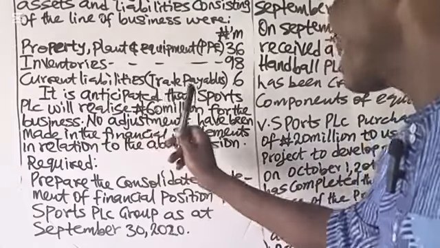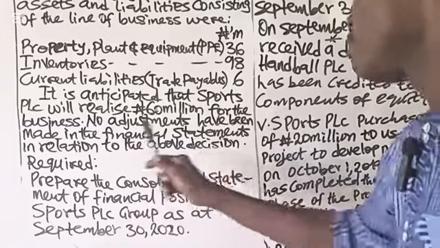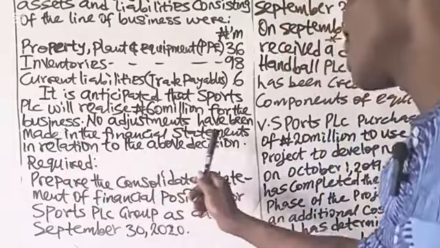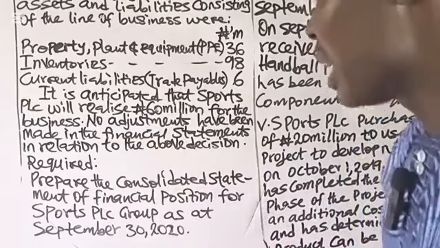It is anticipated that Sport PLC will realize 60 million naira for the business. No adjustments have been made in the financial statements in relation to the above decision.